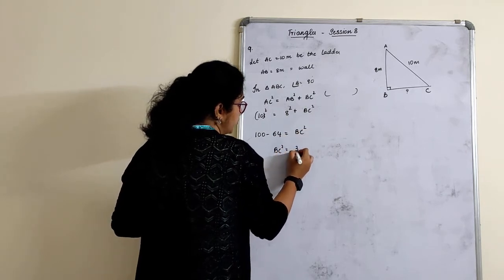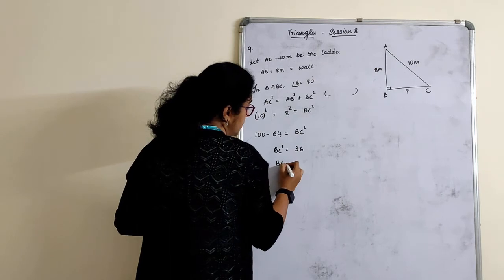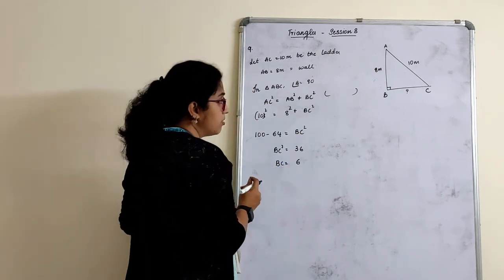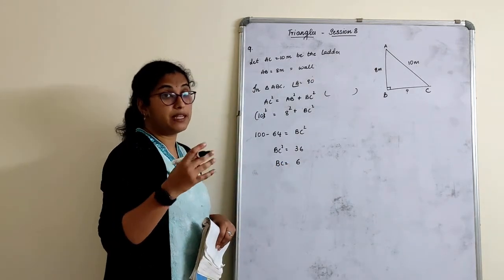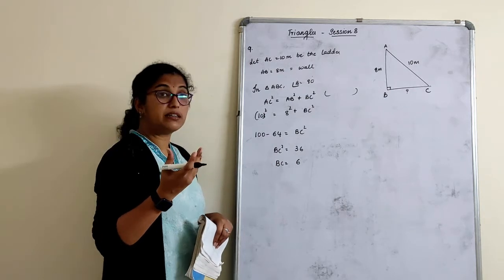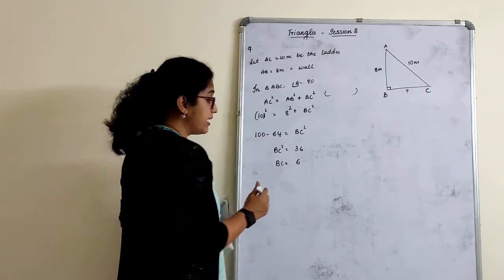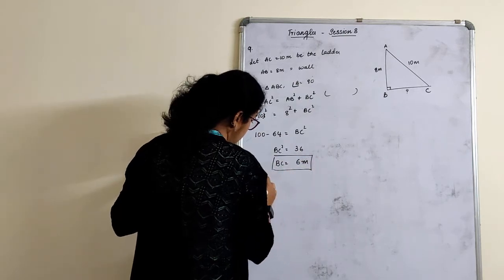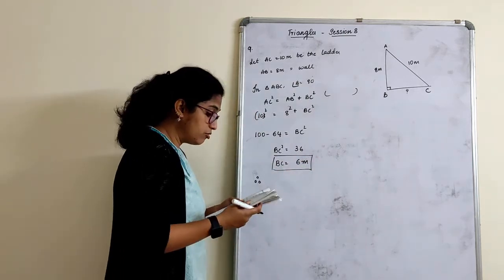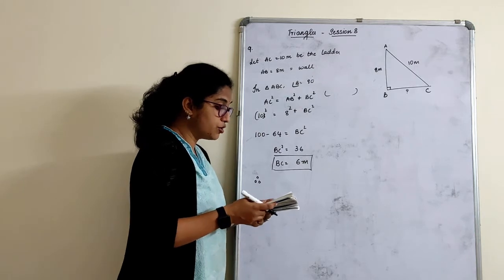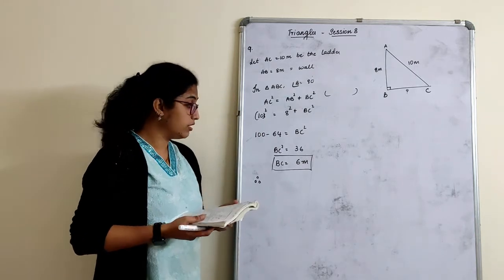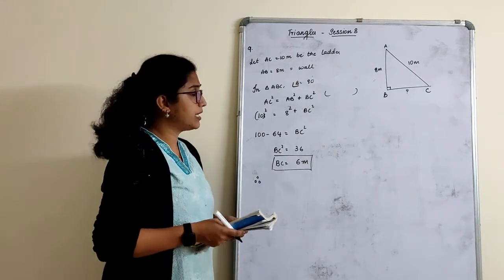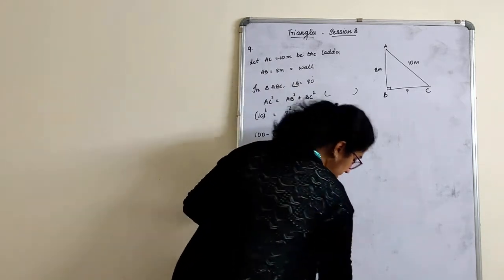BC square is equal to 36 and BC is equal to 6. Always the root will have plus or minus sign, but here since it is a measurement, we always take plus. Therefore, give the conclusion. What is our conclusion here? The distance of the foot of the ladder from the base of the wall is 6 meter. That's the conclusion. Very simple sum.